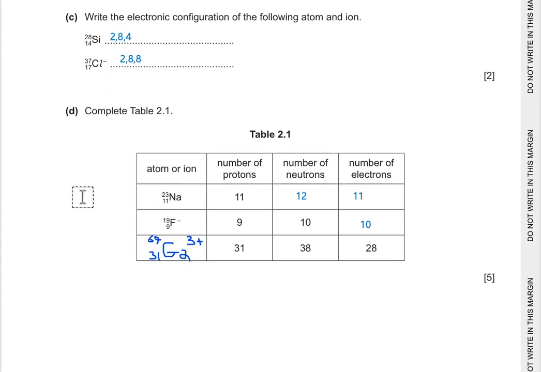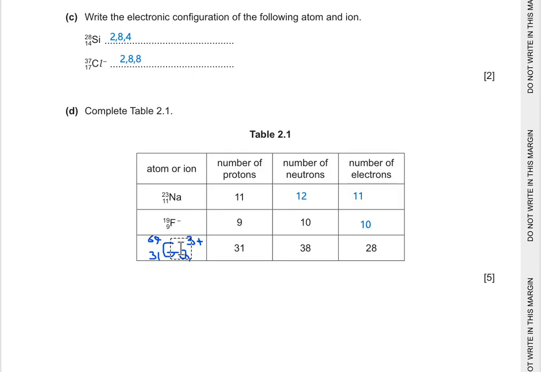Complete table 2.1. We can see the atom or ion. The top number on the left is the nucleon number. The number on the bottom left is the proton number. And the electron number can be worked out from the minus or plus on the right. It indicates whether it has one or three extra or fewer electrons.